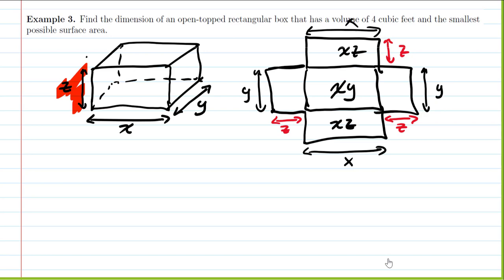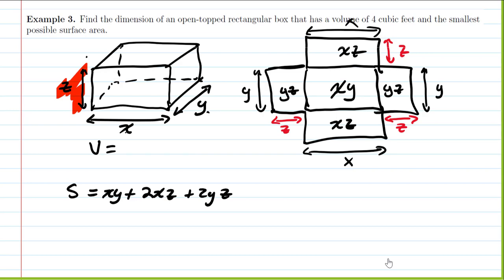And then we have the two other sides of the box, right? And what would their areas be? y times z. So that's going to be the surface area of all of these. So the surface area of the box is going to be the sum of all of those areas. So then S is equal to xy plus 2xz plus 2yz. And then our constraint is, well, what's the volume of a rectangular solid with side lengths x, y, and z? Our volume is our length times our width times our height.